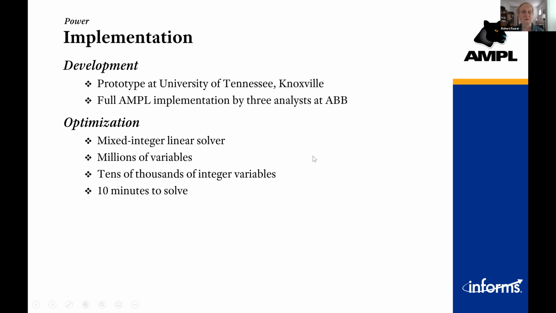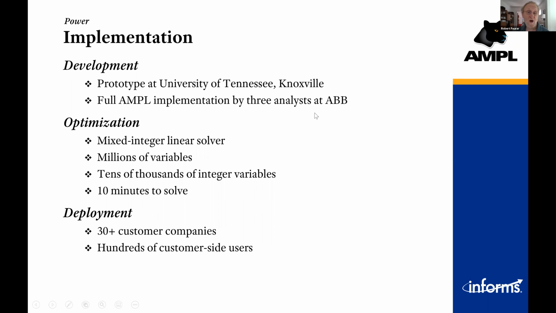And the optimization uses a mixed integer linear solver. There are millions of variables, and tens of thousands of those are constrained to take integer values. Those are generally the hardest variables. It takes about 10 minutes to solve. And it's been deployed to over 30 customer companies, at which there are hundreds of customer-side users.